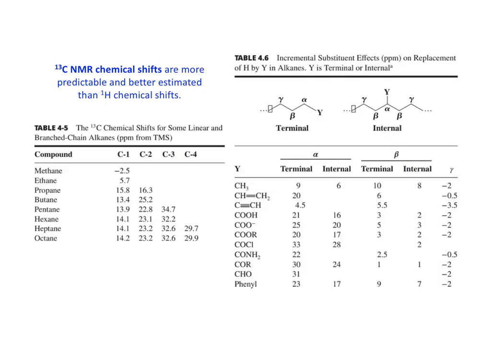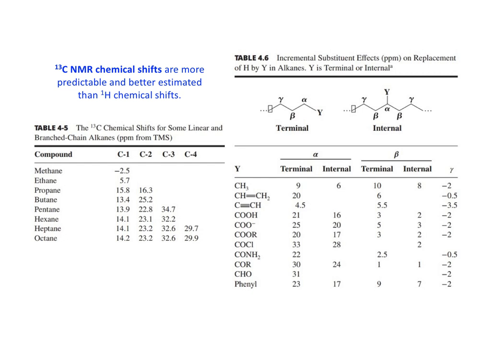One big difference between carbon-13 chemical shifts and proton chemical shifts is that the carbon-13 chemical shift, being on the skeleton, is more predictable, whereas there are many effects on the skin of a molecule that will affect proton chemical shifts.